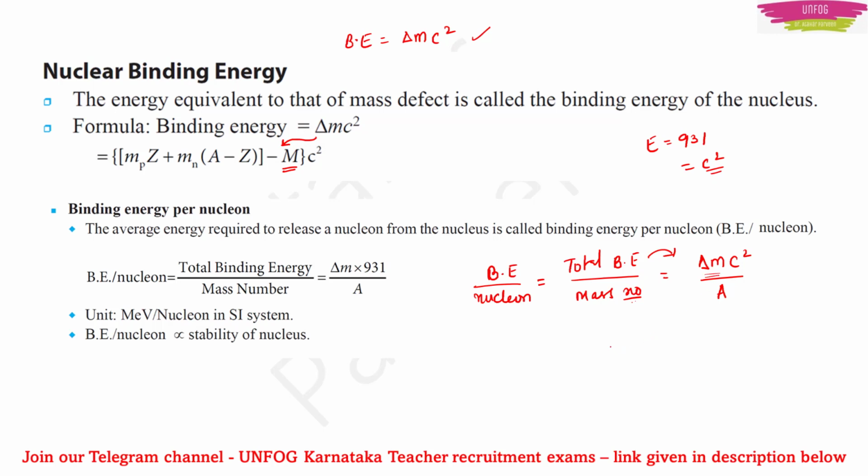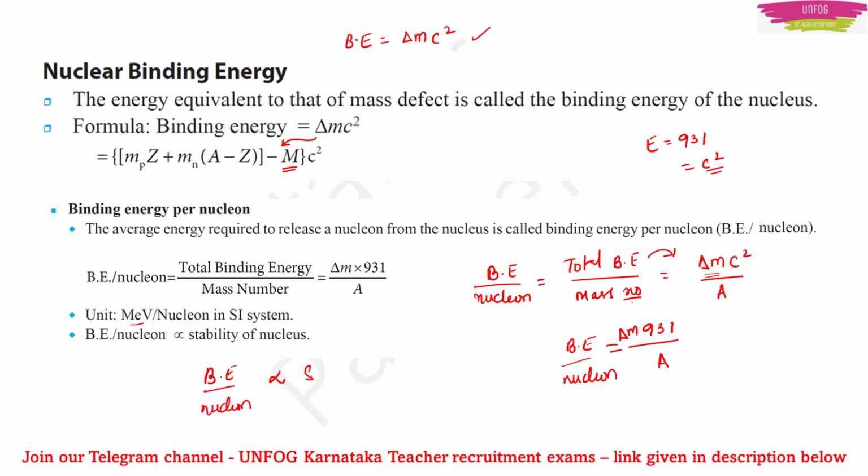So what I can do is I can write this binding energy per nucleon as 931 into delta m, upon A. So that will be my value for binding energy per nucleon. And what will be the unit? It will be MeV.